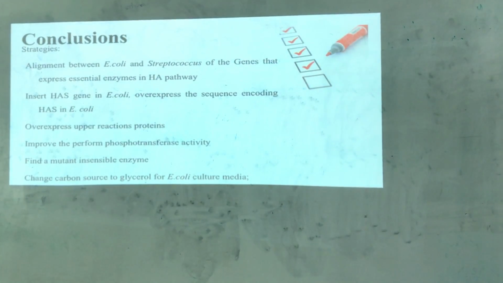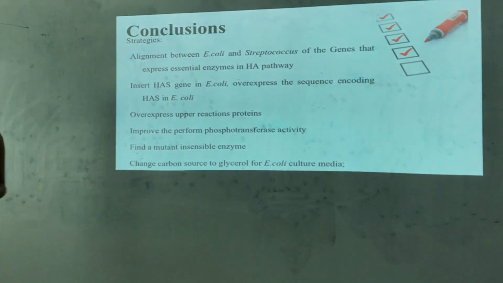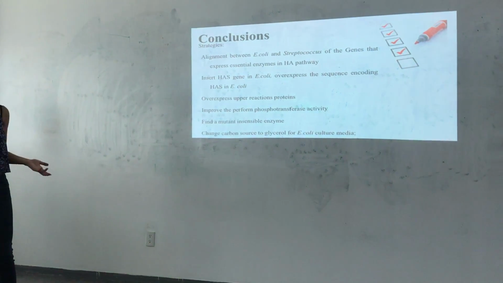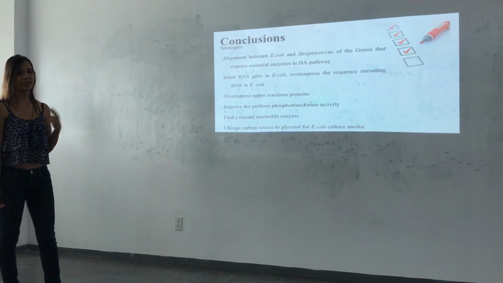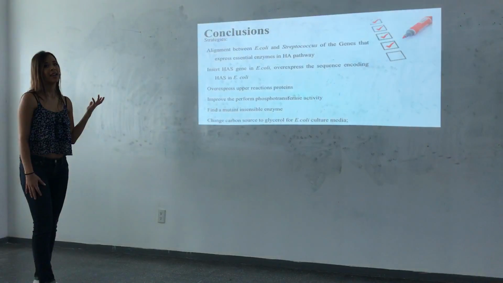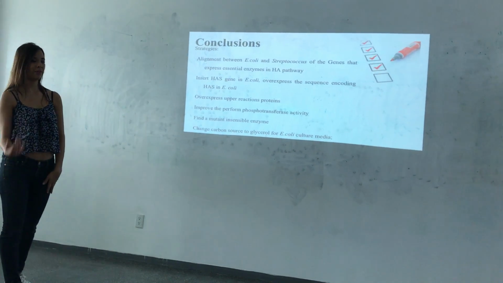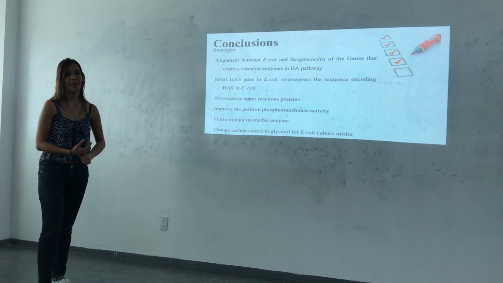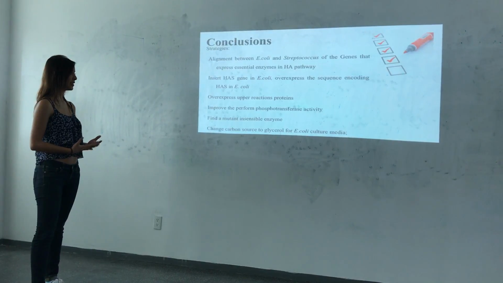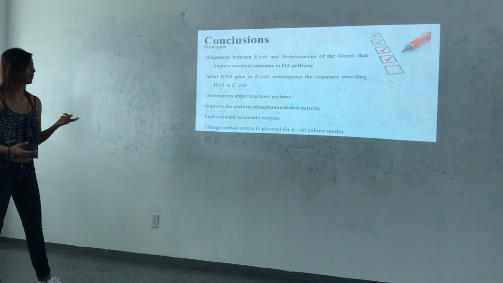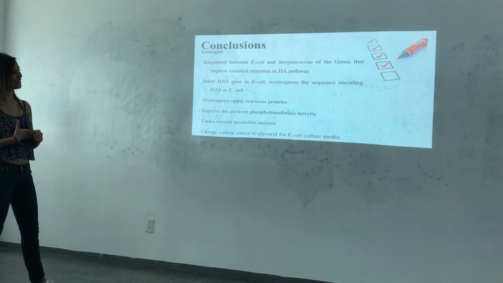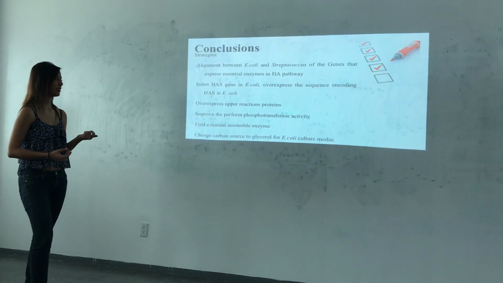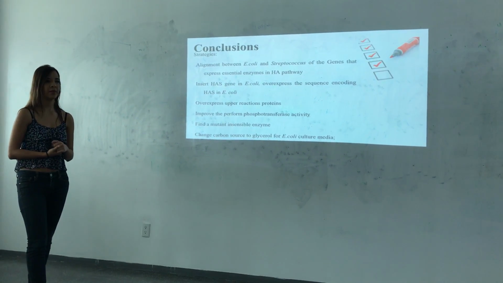Well, the conclusions: I will remind you of the strategies we used. First, Laura said about the alignment between E. coli and Streptococcus of the genes of interest. Then the second one that I explained was to insert the hyaluronic synthase genes in E. coli to overexpress the sequence encoding this enzyme. Also to overexpress the upstream reactions, to improve the phosphotransferase activity, and then find a feedback-insensitive enzyme and change the carbon source to glycerol in the E. coli culture media.